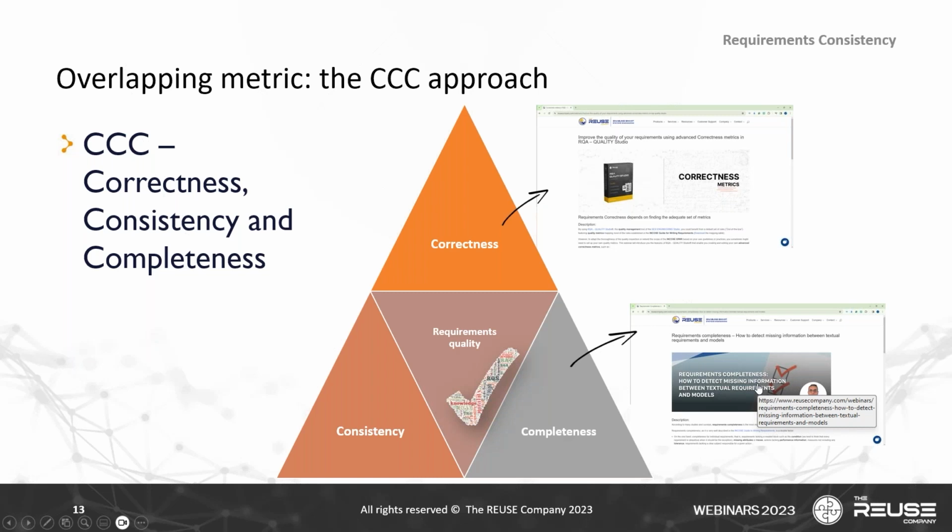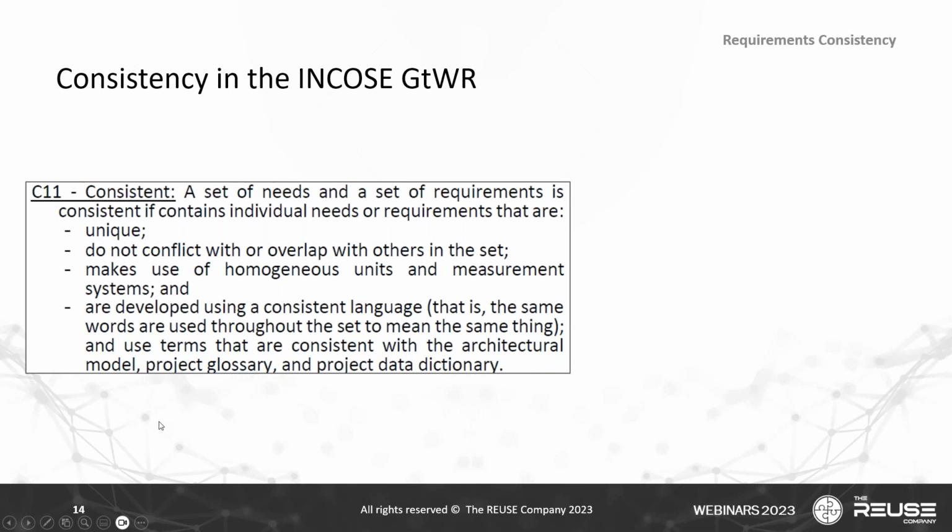The registration is already open, so just follow this link and you will have the possibility to enroll. Or if you watch this recorded webinar within a month or more, then the recording of this completeness will be also here. And consistency is the topic for today. So let's dive into this topic.